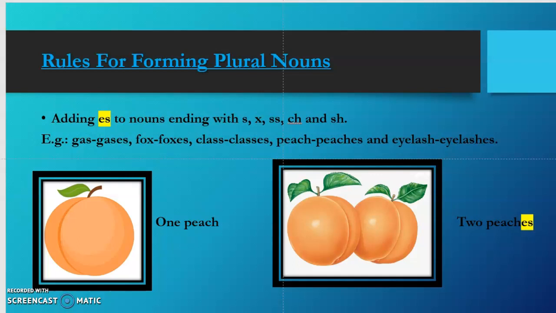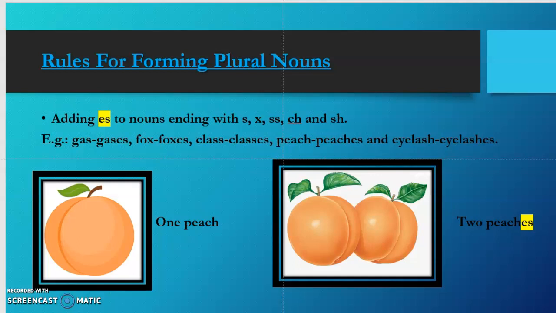Next example is double s. We take the words which have double s at the end, like class, and they become classes, or glass will become glasses. Similarly, words that end with ch. Look at the picture.